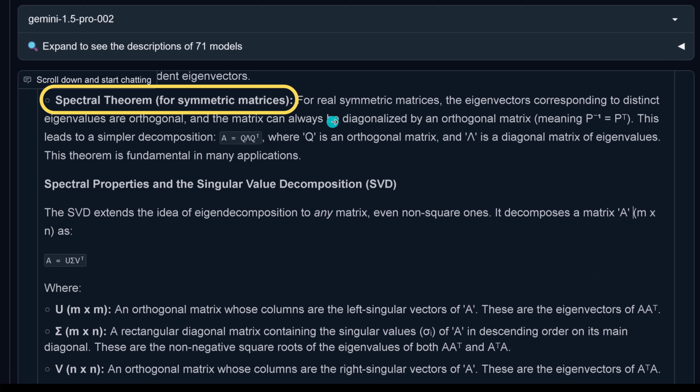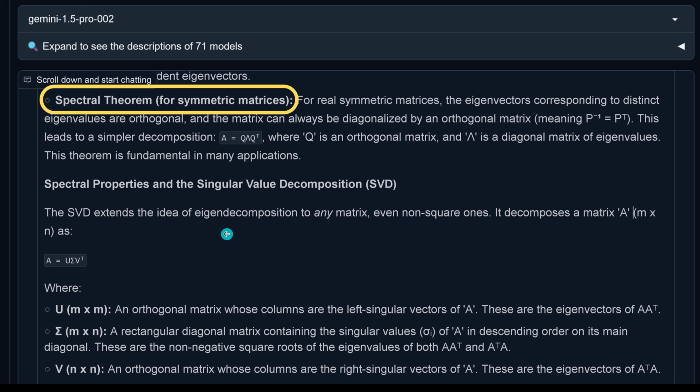And for real symmetric matrices, we have the spectral theorem. Beautiful. But now with our SVD, our spectral properties and the singular value decomposition, we can now extend this to any matrix, not only to the square one, but even now to the non-square matrix structures and tensor structures.